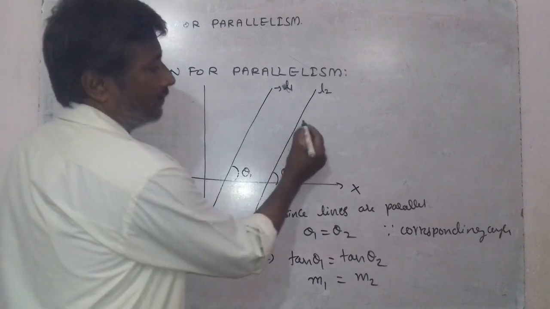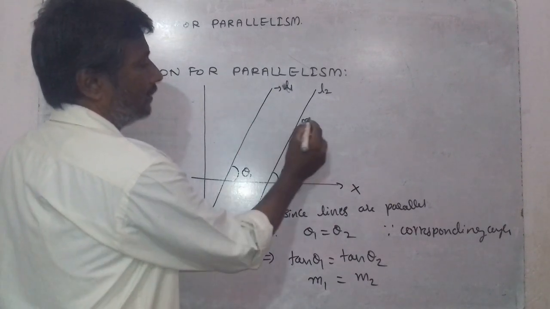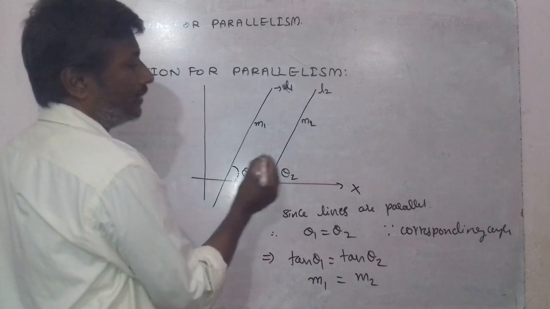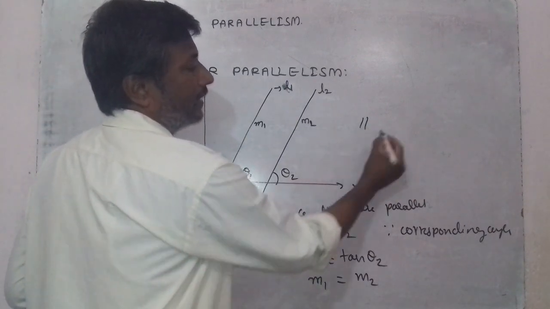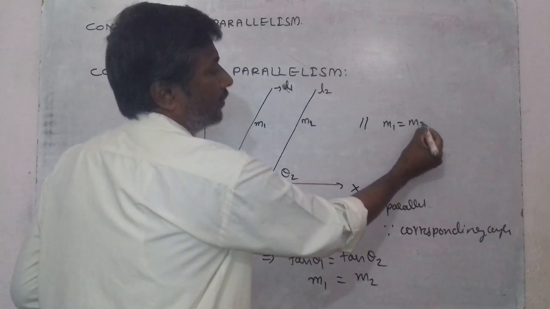So therefore, if this is the slope m1 and this one is m2, for parallel lines, m1 equal to m2.